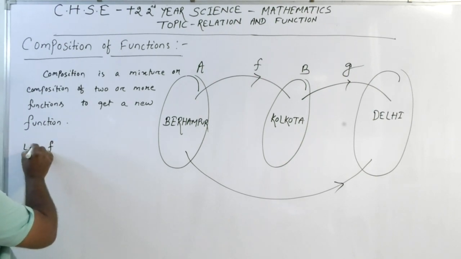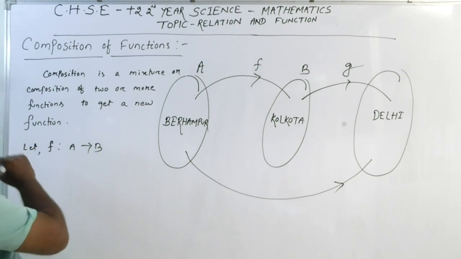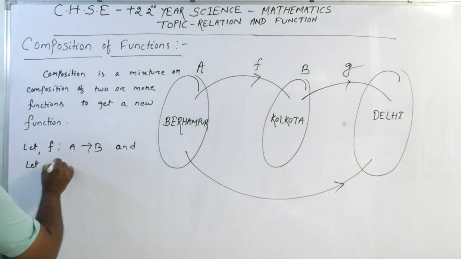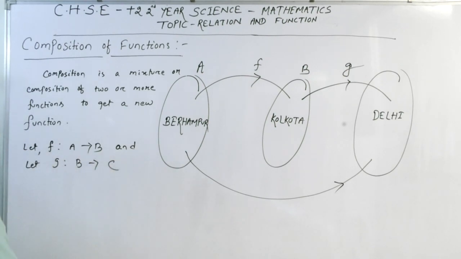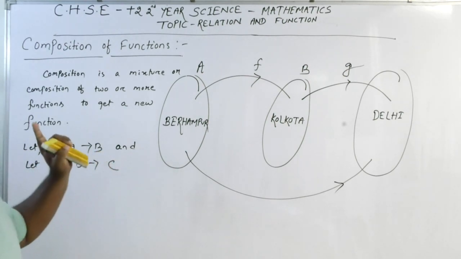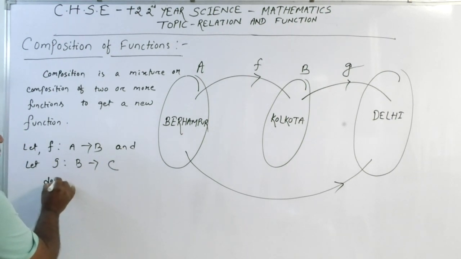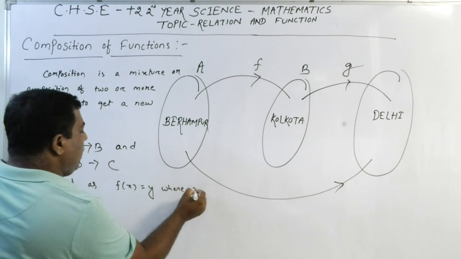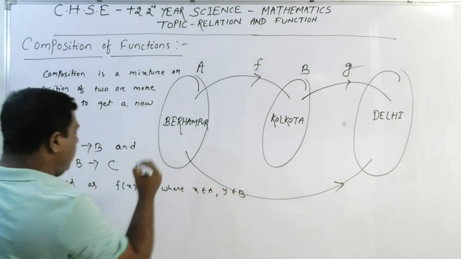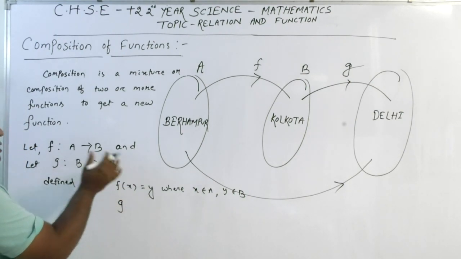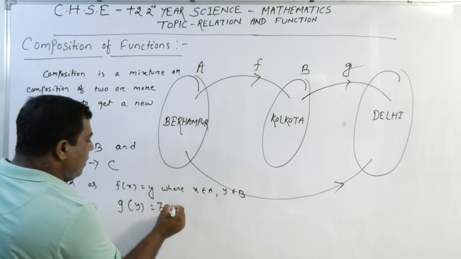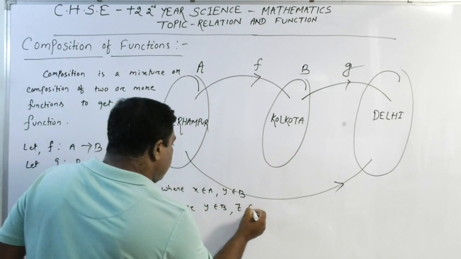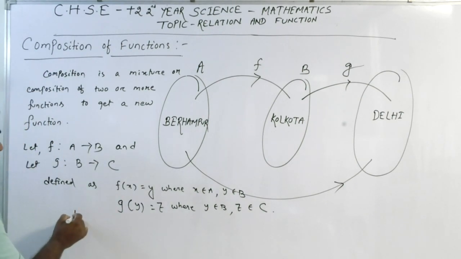Let f be a function from A to B, and let g be a function from B to C, defined as f of x equals y, where x belongs to A and y belongs to B, and g from B to C is defined as g of y equals z, where y belongs to B, we all know already, and z belongs to C.